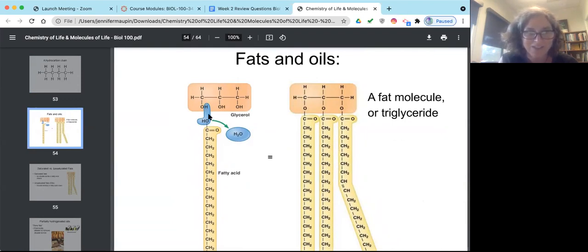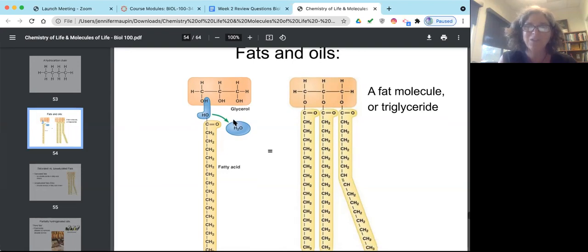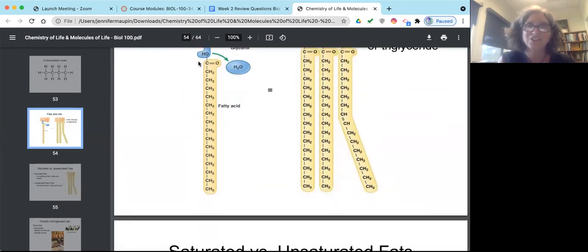Anytime you're throwing oxygen into the mix, it's got a bigger tug. So there's going to be a little zone of polarity, but then you have this whole big chain that's all hydrocarbons. And that is not going to let water be attracted to it because there's no charge. And that's why lipids are not soluble in water.